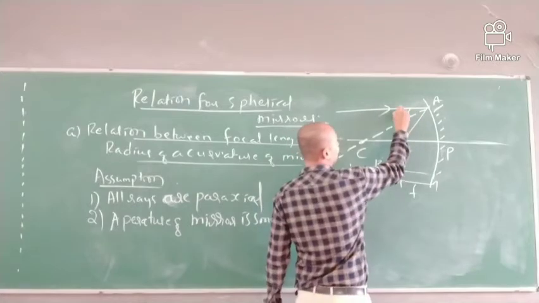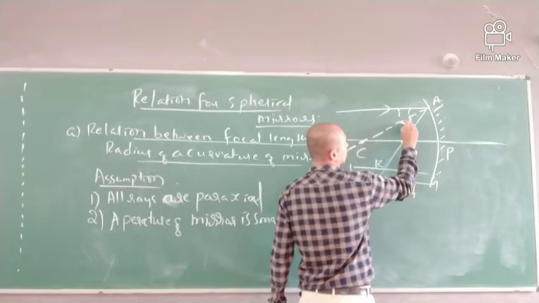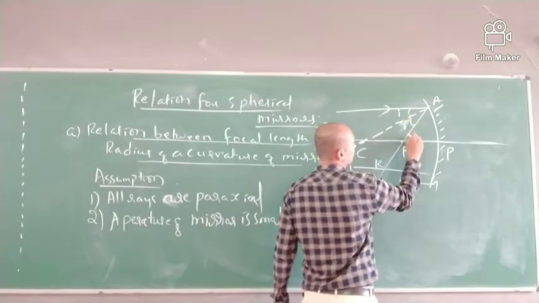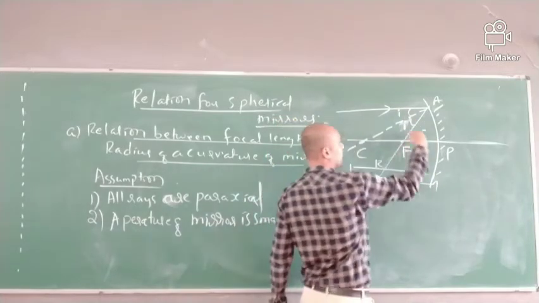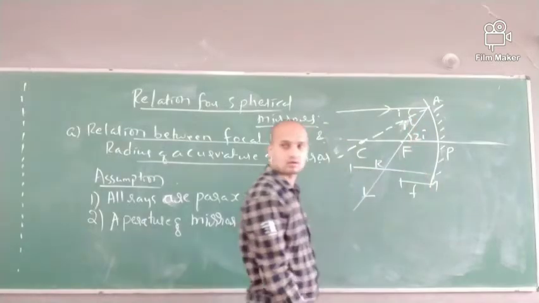If I take this as angle I, this is reflection, this will become I, and this angle will become 2I. Yes or no? Because of alternate angles, this is parallel to this line, so this is 2I.